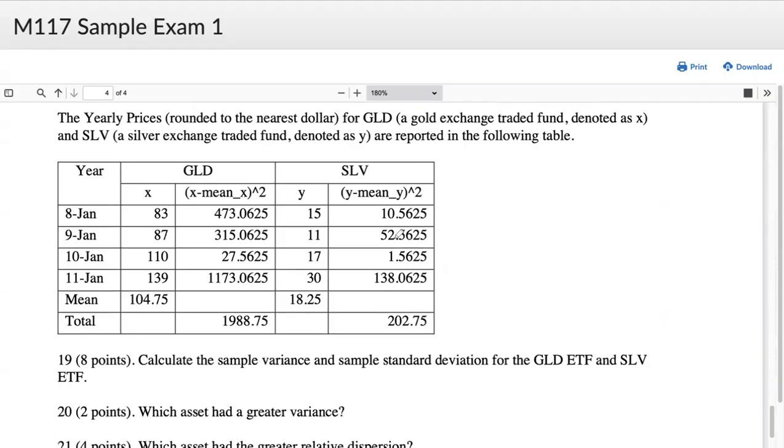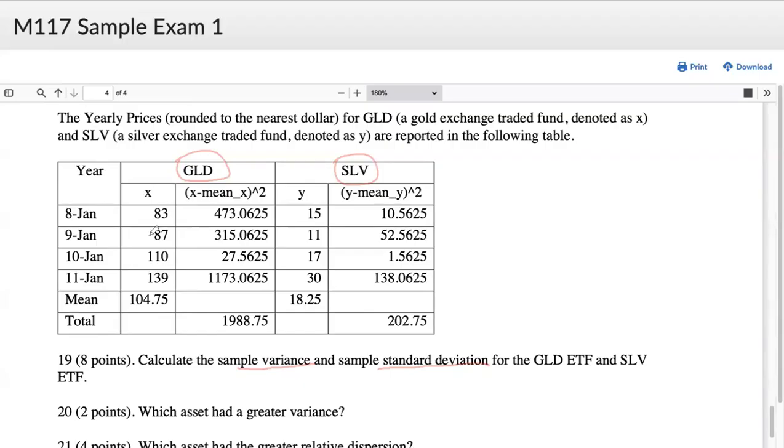Okay, then this question wants us to calculate the sample variance and the sample standard deviation. We have a gold ETF and a silver ETF. So this is for different times. This is January 8th. So now we know this data. What kind of data is this? Time series data, right?